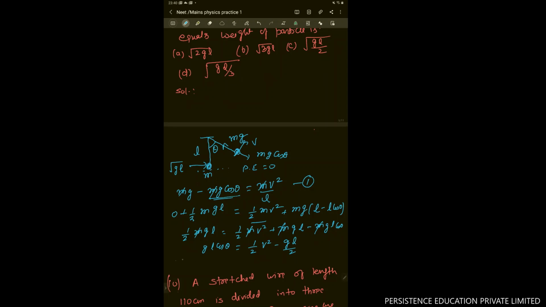So g cos theta is g minus 1 by 2 v square by L minus g by 2.